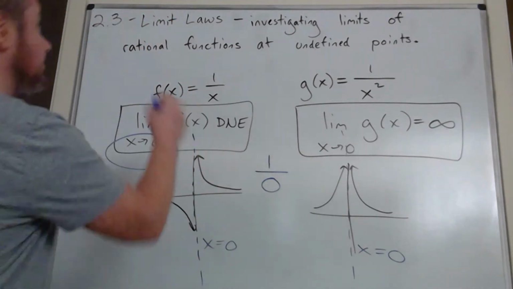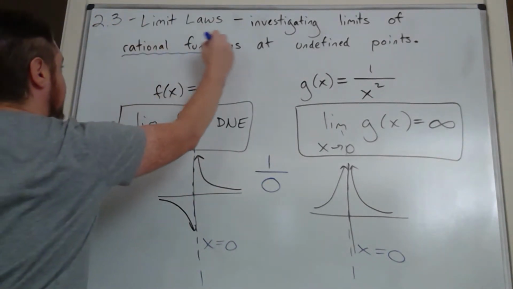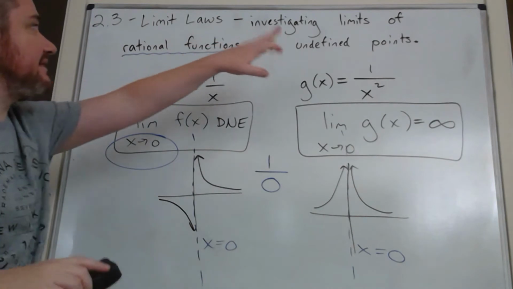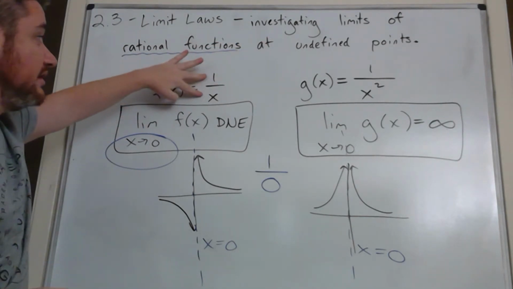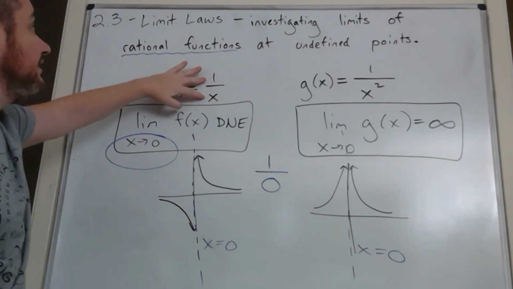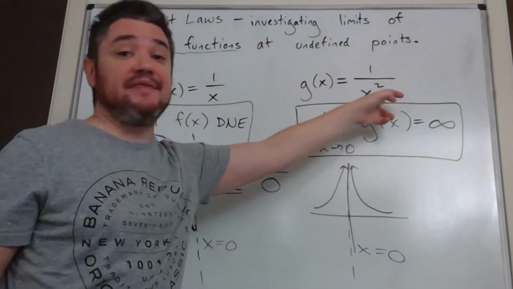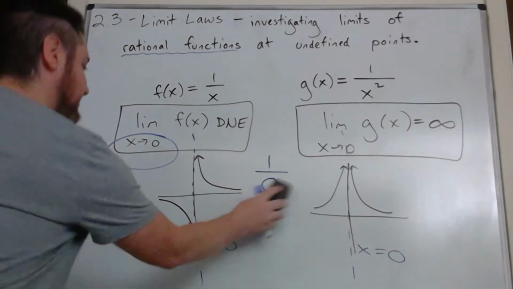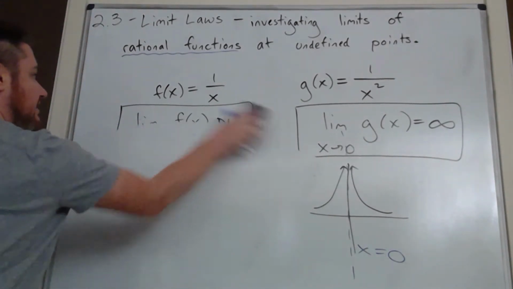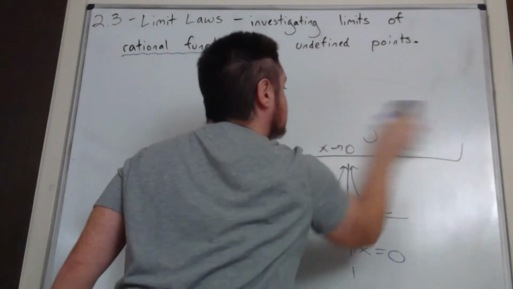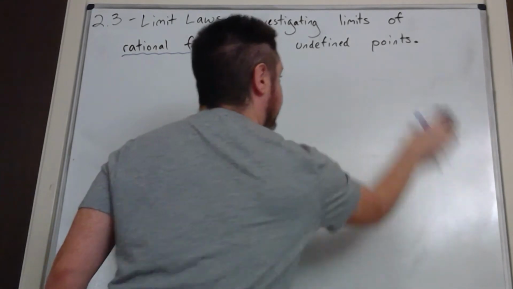So let me just see what's going on here. Rational functions, we're investigating the limits of rational functions, meaning I've got some x's in my denominators, at undefined points, right? Points where you get a 0 in the denominator. And we're looking at different cases. So these examples just showed us the case of non-zero.